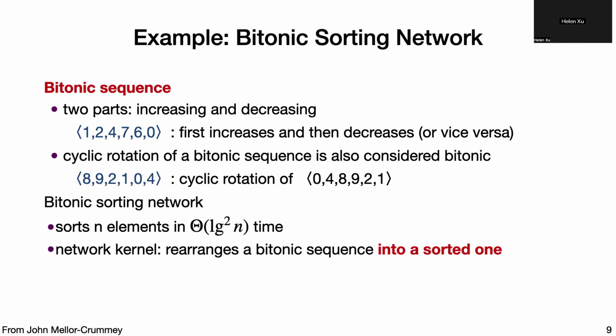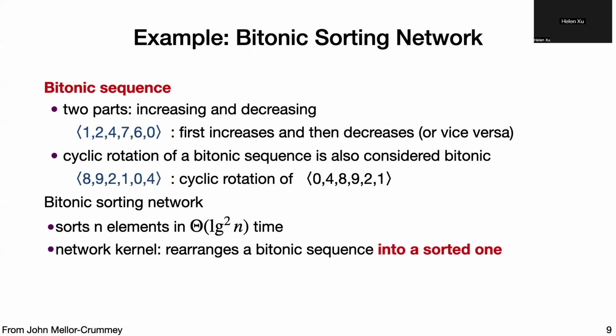We'll see later that you can also consider cyclic shifts of Bitonic sequences as Bitonic sequences. So this one, 8 9 2 1 0 4, is not Bitonic. But if you rotate it, you get 0 4 8 9 2 1, which is Bitonic, because this part is going up and this part is going down.